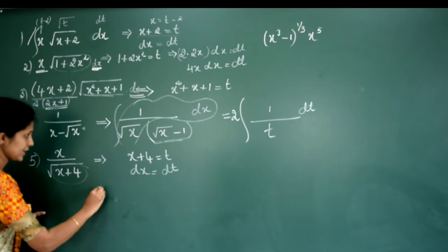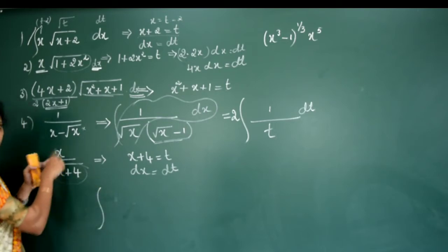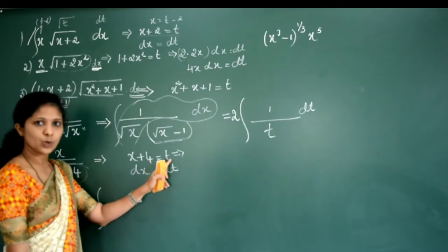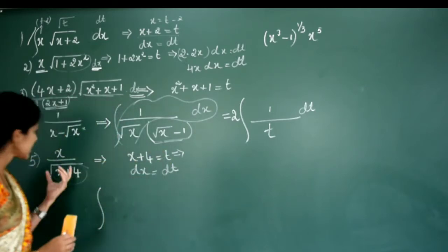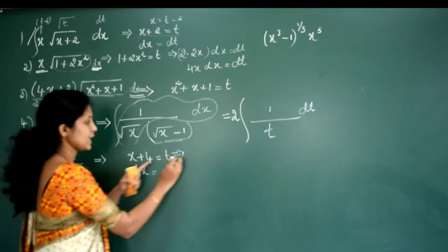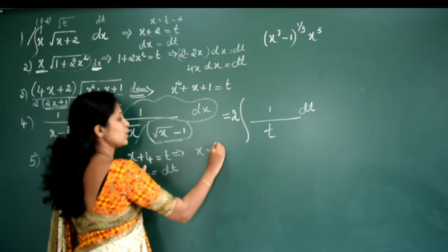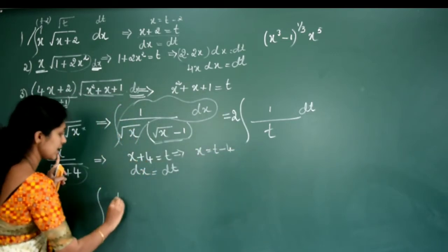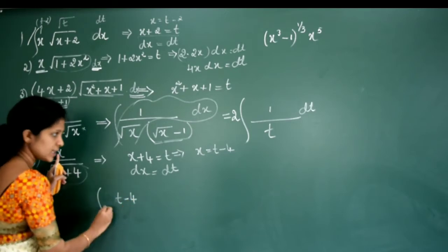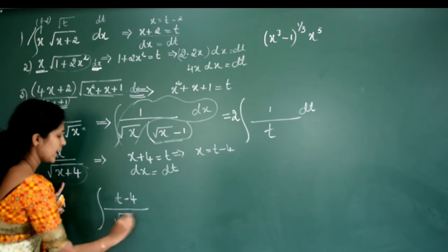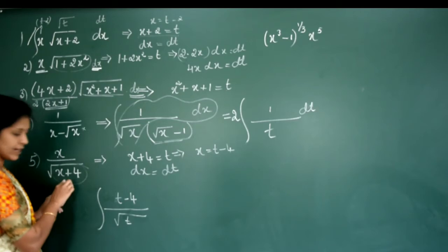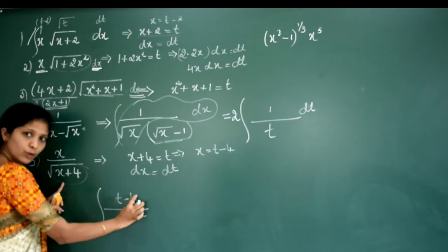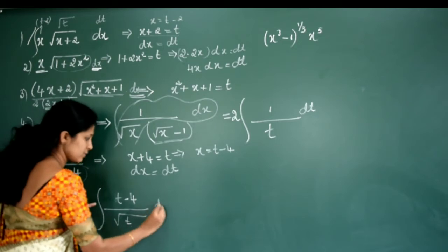Substitute here, integration of the value of x, again similar to the first problem. See here, x plus 4 is equal to t. As I mentioned, everything should be in t form. So the value of x can be written as x is equal to t minus 4. Substitute here, integration of t minus 4 divided by root of x plus 4, which is root t, into dx.